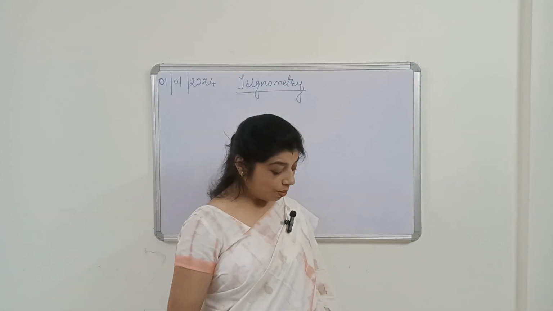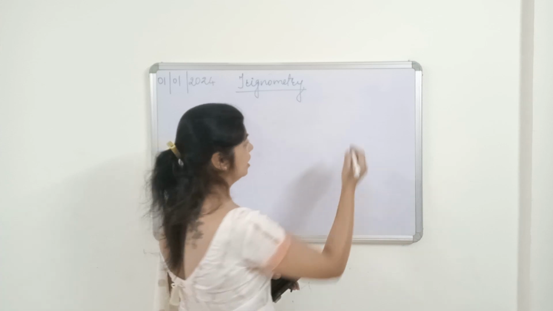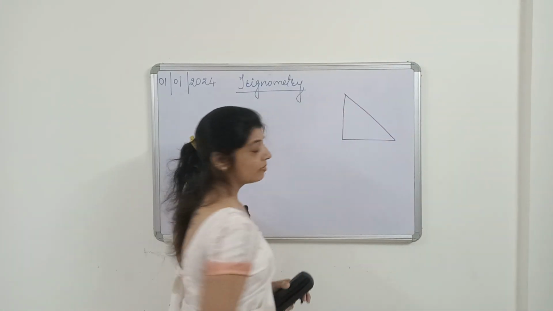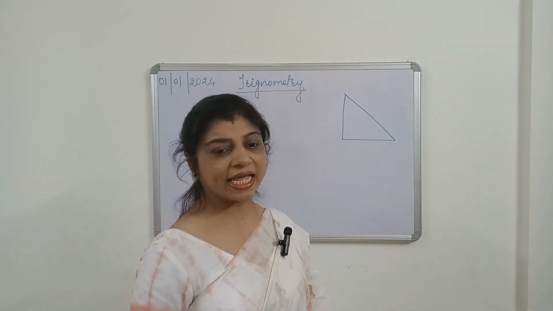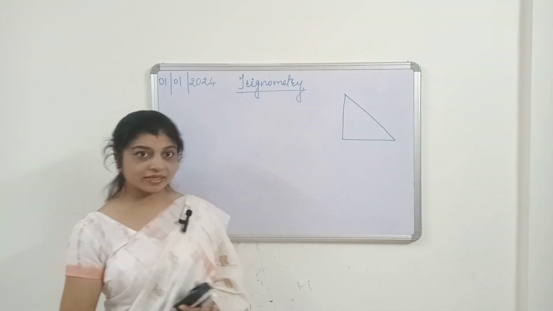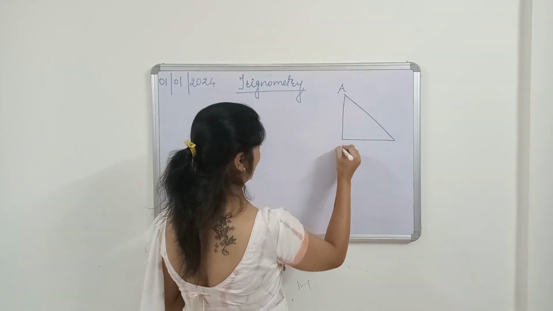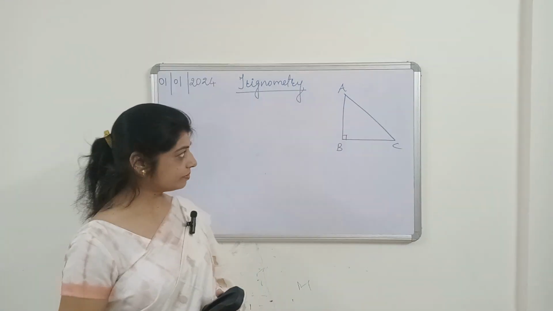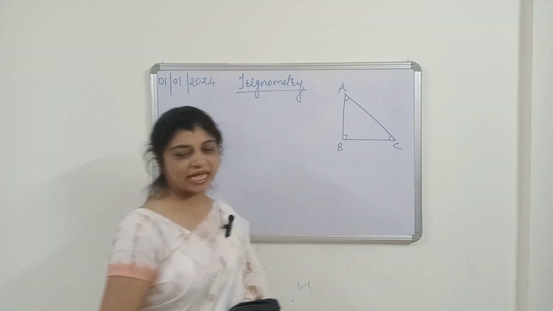Now in this lesson, children are supposed to make themselves comfortable about the ratios between the sides and the angles given. If they learn it and then keep on solving and practicing the sums, that helps them a lot. So let's consider a triangle ABC, right angled at B, and let angle A and angle C be the adjacent angles.